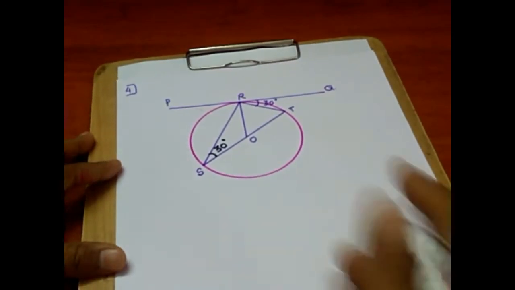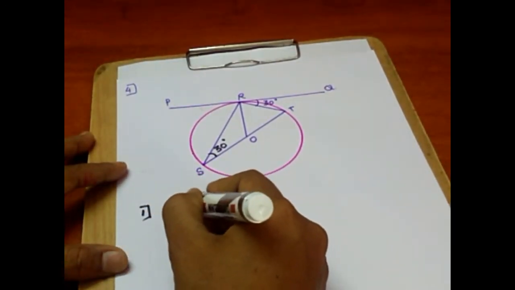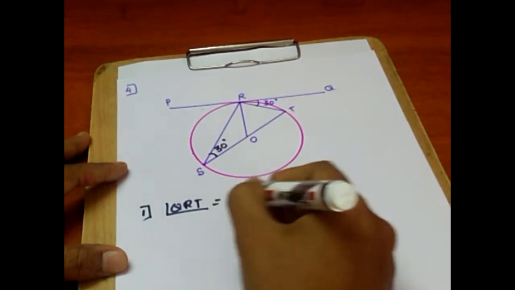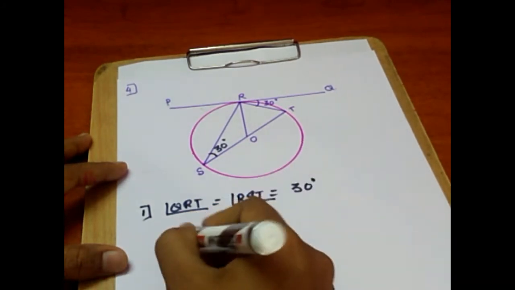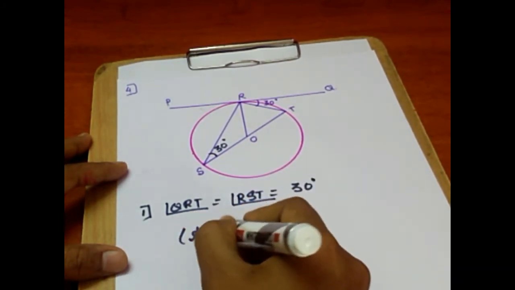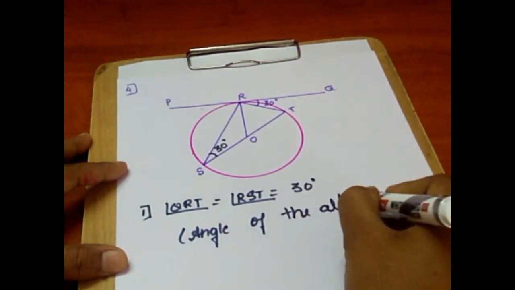Let us write the same. Step number 1. Angle QRT is equal to angle RST is equal to 30 degrees, angle of the alternate segment.